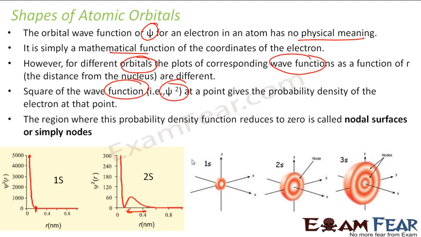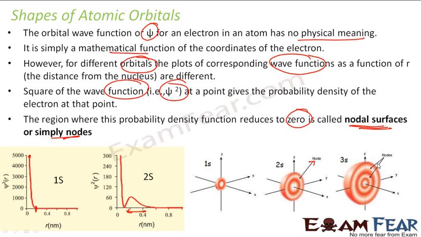And we have regions where there is zero probability of finding electrons, and they are called nodal surfaces, or simply nodes. In this case, I have my 1s, then I have 2s. This is the region between 1s and 2s, and this is a node because there you have zero probability of finding the electron.